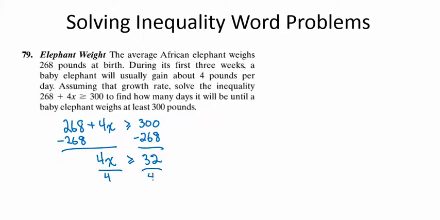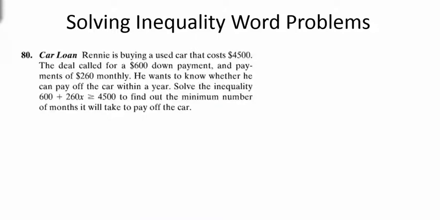Dividing both sides by 4, x is greater than or equal to 8, and in this case, that would be 8 days. So by 8 days, the elephant will reach that weight of 300 pounds. Let's go on to the next example. And that will be the final example in this set of applications or word problems involving inequalities.